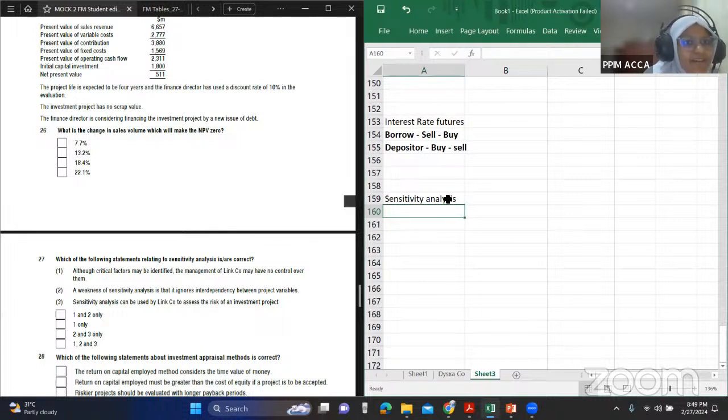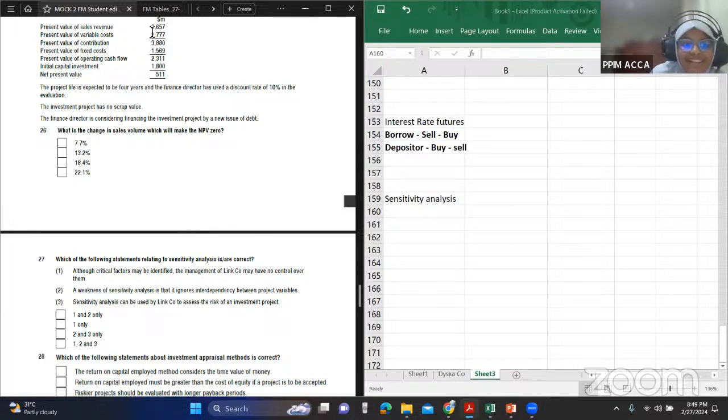If you want to know what is the change in sales revenue which will make NPV 0, then you take the NPV and you divide that by the present value of sales revenue multiplied by 100. That is the sensitivity. Now, if you want to know what is the change in variable cost which will make NPV 0, again take the NPV divided by variable cost into 100.